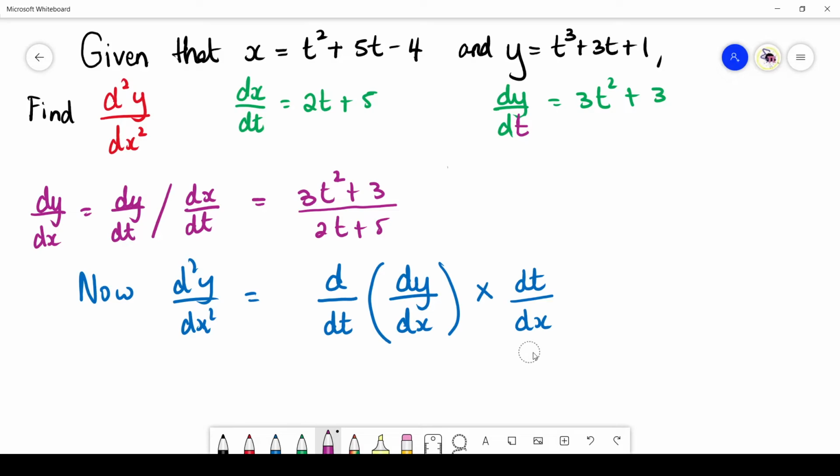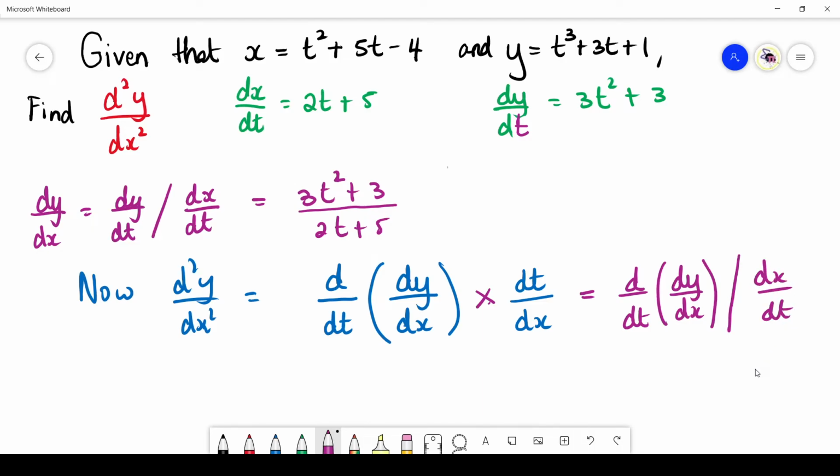Also take note that because we have multiplication here, some students prefer to memorize their chain rule as follows. You can differentiate dy/dx with respect to t, but instead divide by dx/dt. And pretty much that's it.